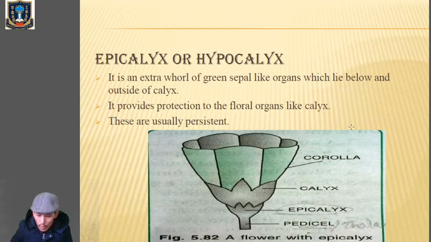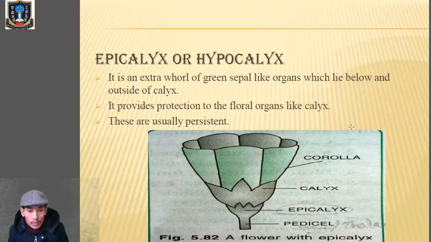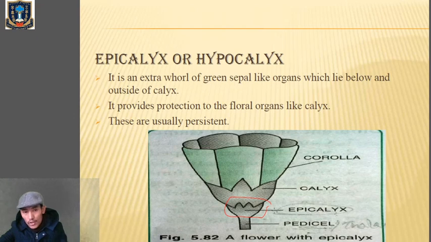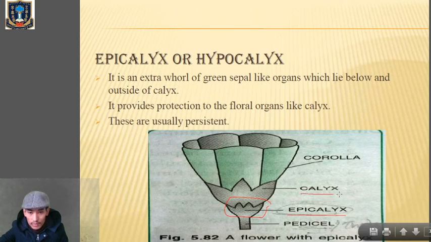Now next one, what do you mean by epicalyx or hypocalyx? Epicalyx is an extra whorl or part of green sepal-like organs which lie below and outside of the calyx. Just below the calyx you can see an extra whorl, which just looks like the sepals, right? This extra part, which is usually green in color, like a sepal-like organ, is called epicalyx. Just above the epicalyx you can see the presence of calyx.